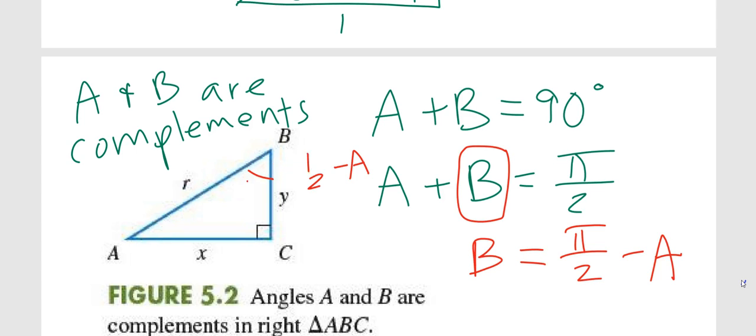That'd be more cool. Hopefully I can. Pi over 2 minus A. I wonder if I can erase that little dot. It's annoying. Yes!